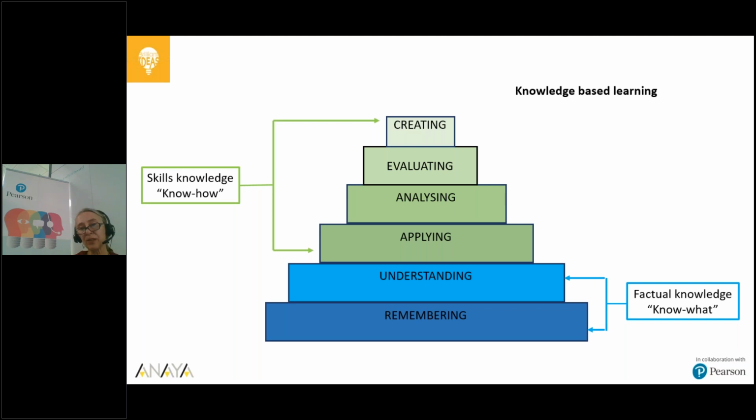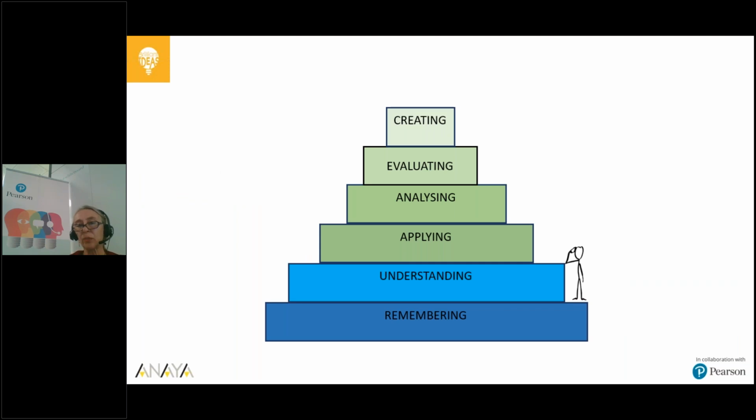And so this pyramid doesn't really reflect the interlinking nature of these 2 types of knowledge, that they're not separated from each other in this simple way. And how does this relate to the learning process? Well, normally it seems obvious that we start at the bottom of the learning process and we move our way up.